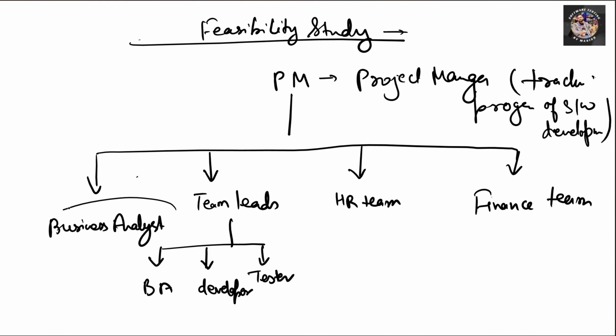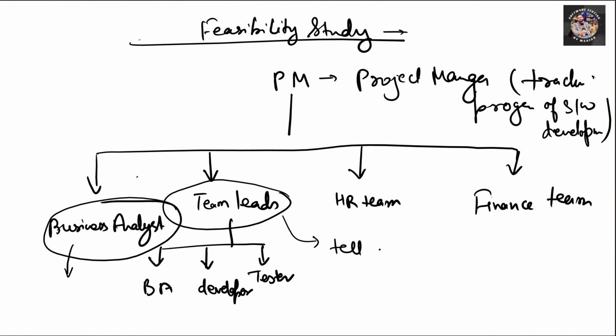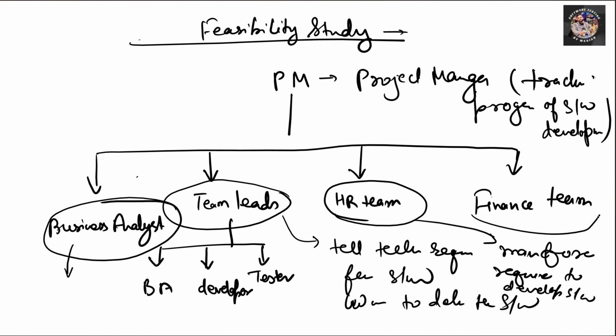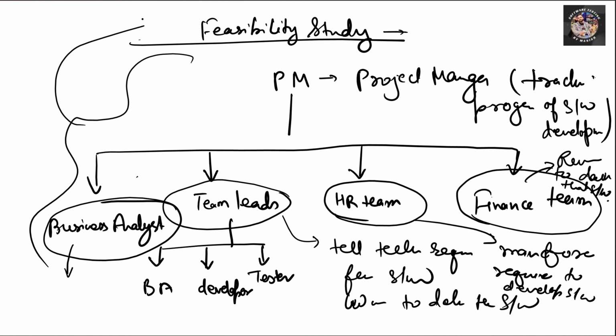The business analyst will discuss the requirements collected from the customer company. Tech leads will tell about the technology required for developing the software and how much time they require to develop it. The HR team will discuss the manpower required, and the finance team will discuss how much revenue is required to develop that software. So these are the members who play a key role in the feasibility study.